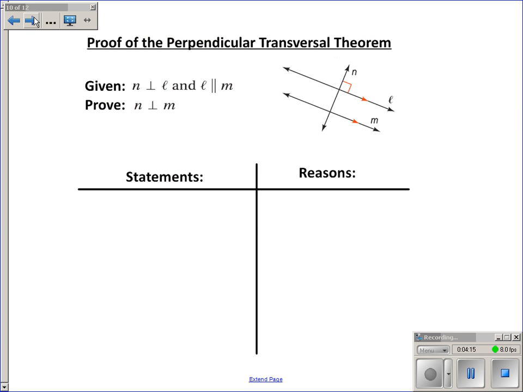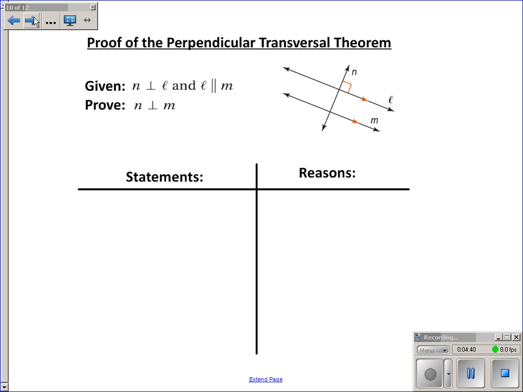Now let's prove the perpendicular transversal theorem. We were given the hypothesis: N and L are perpendicular and L and M are parallel. And our goal is to prove that N and M are perpendicular, meaning they intersect to form right angles. Before we actually write the proof, let's think about why this should be true.